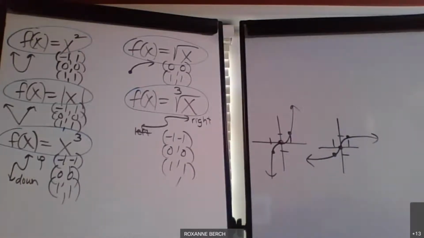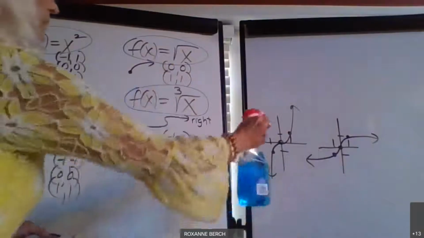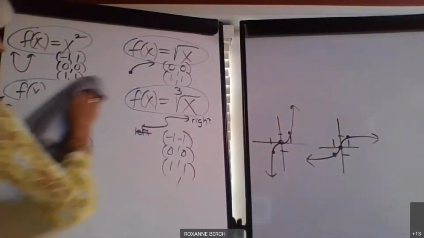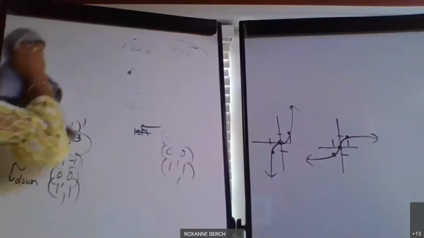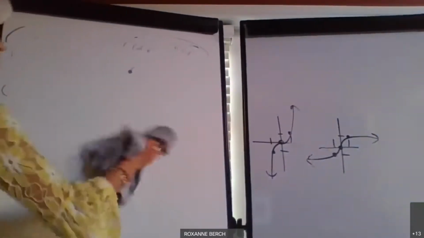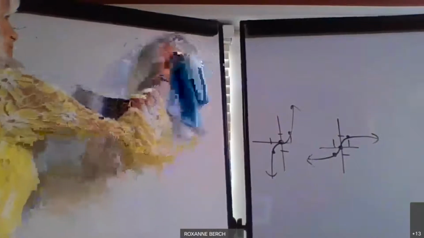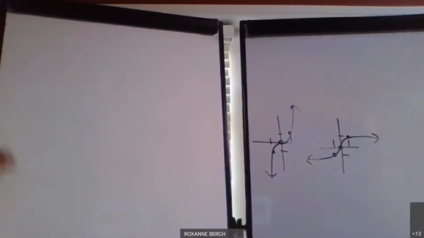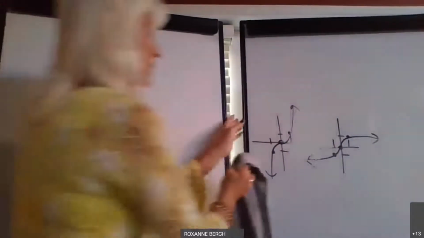Look on page 241, number 17. Now, number 17, function, he passes the vertical line test, but we don't have him in our list.